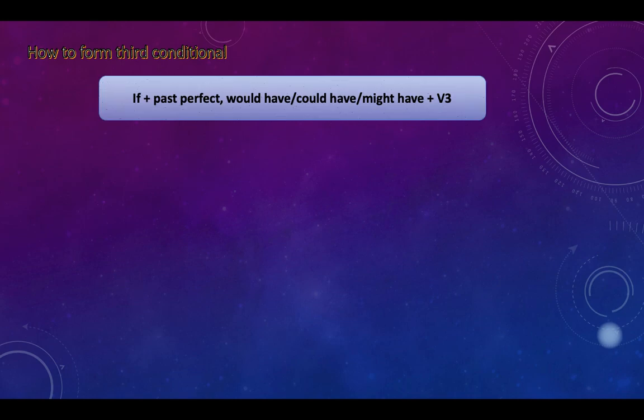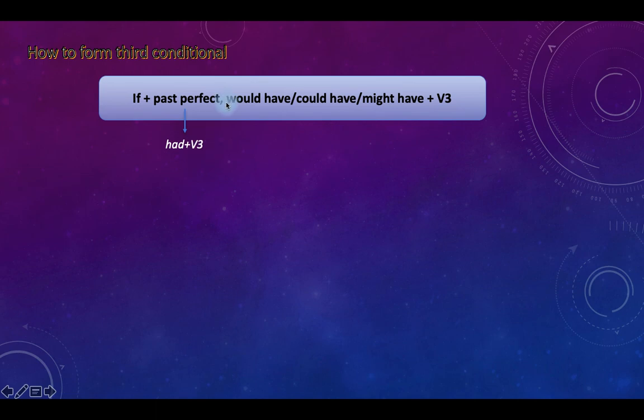How to form the third conditional? Of course, we use if. If defines a condition, right? We use it in all conditional sentences. After if, we use past perfect. I hope you remember that past perfect is formed with had plus the third form of the verb.